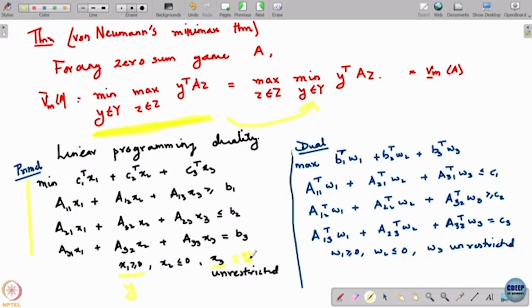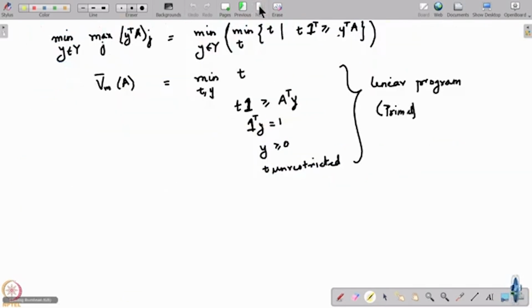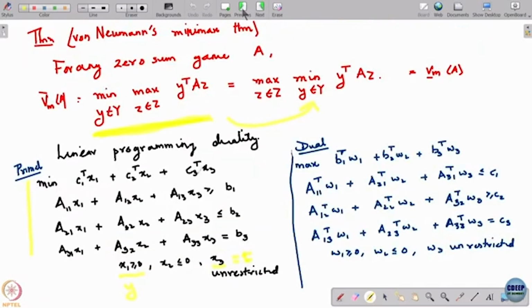Alright. Now, let us start with the coefficients in the objective. What do I have in the objective? I have only t in the objective, which means that C3 is 1, X3 is t, X1 is y.